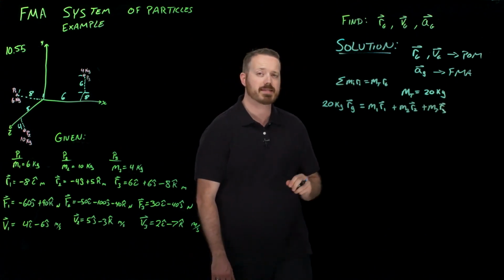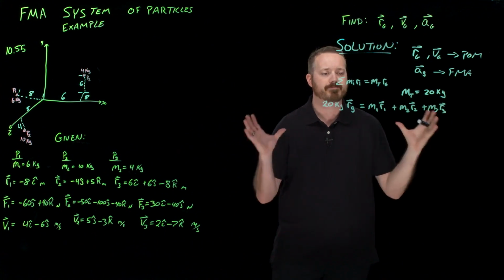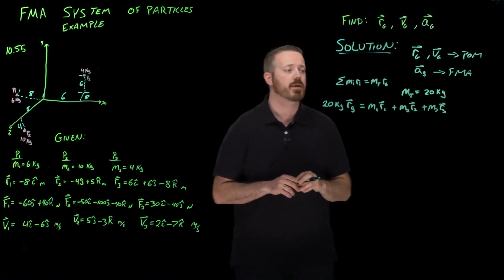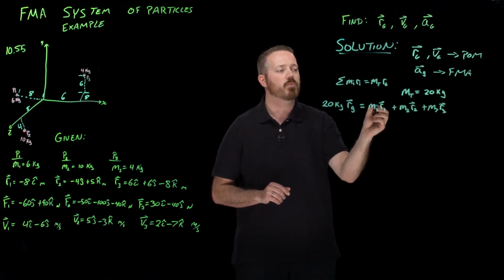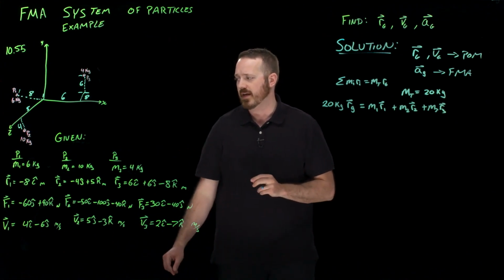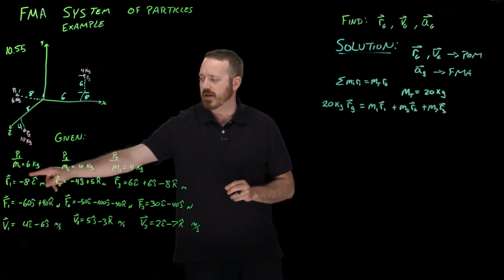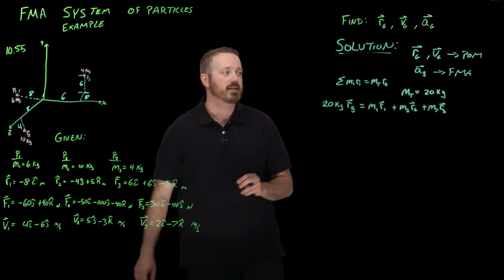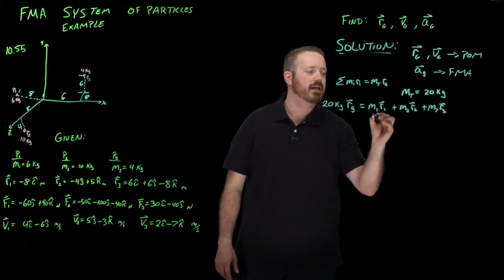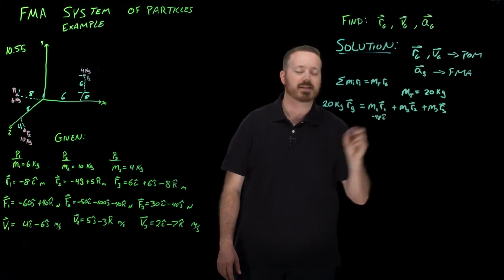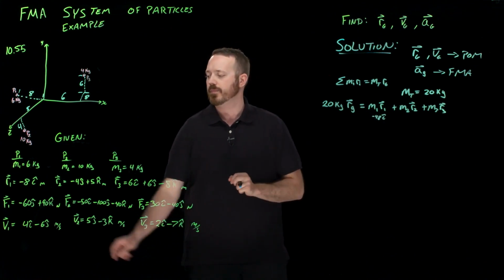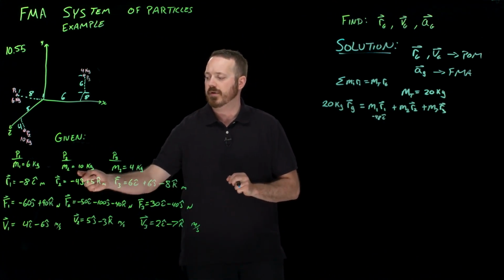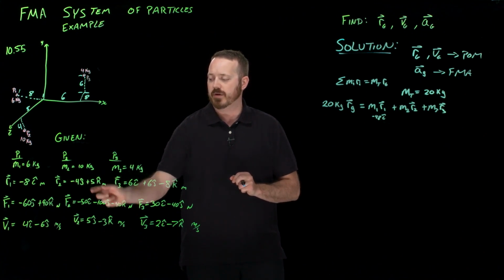This is going to get pretty messy, so I'm going to summarize the steps here. m1 and r1, multiply those together. So 6 kilograms times -8, and we're going to get -48 acting in the i direction from this portion. For 2, we have 10 kilograms multiplied times -4 and 5.